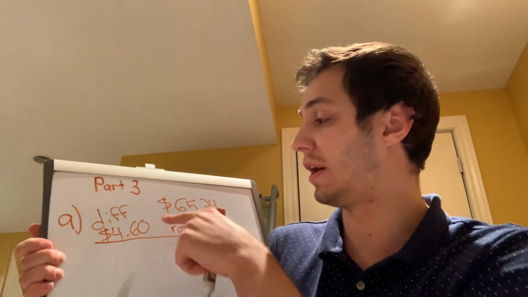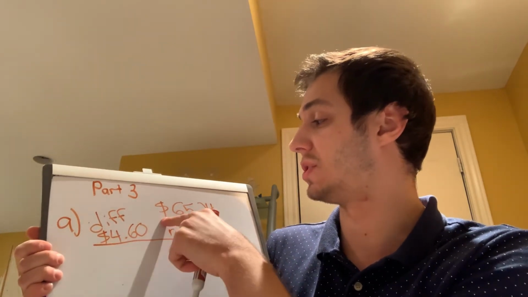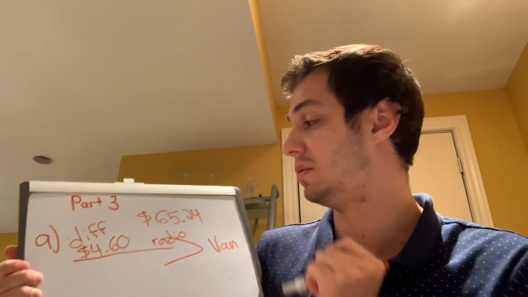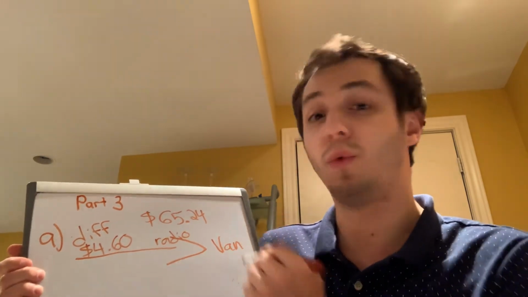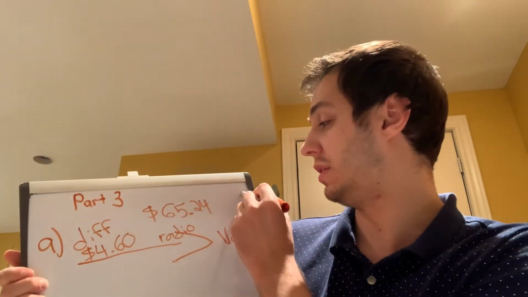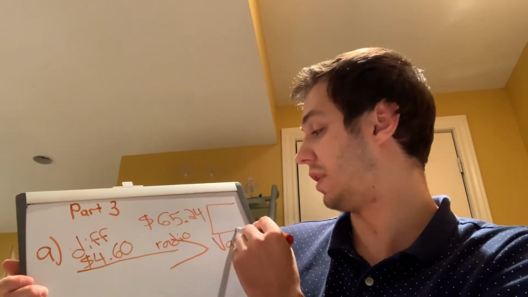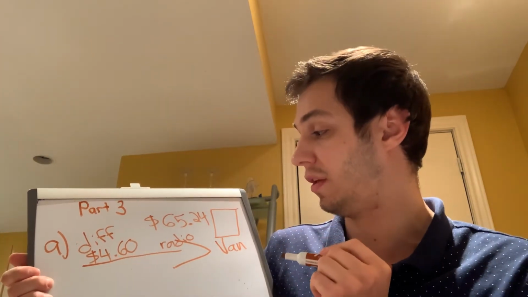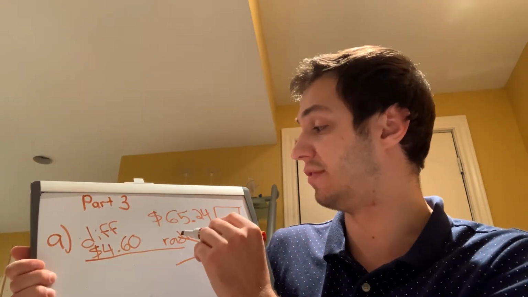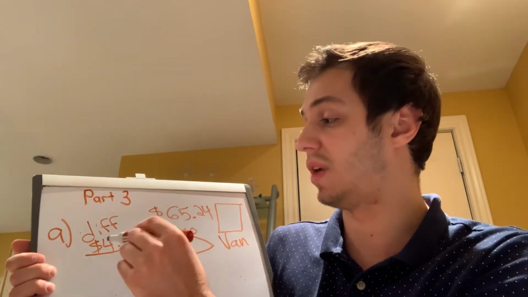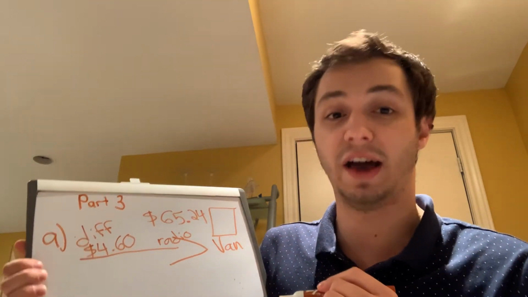Once again, don't forget when we're dealing with money to add in your dollar signs and your decimals. Right? So now what we have to find is how much money did Van have, or how much money did he start off with if he bought the radio for $65.24 and still had $4.60 left.